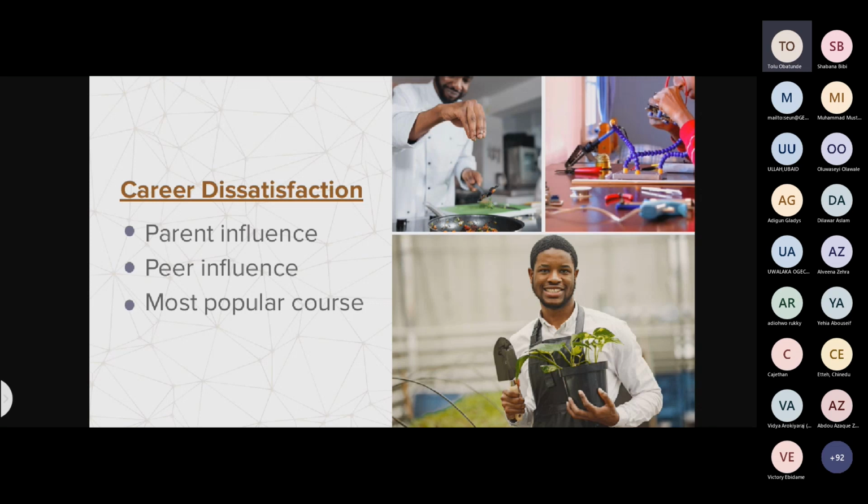It's also a proven statistic that, even at high school level or undergraduate level, and even out of school, in your day-to-day activity delivering your duty as a professional, your success rate is dependent on the level of satisfaction you derive from whatever you're doing.